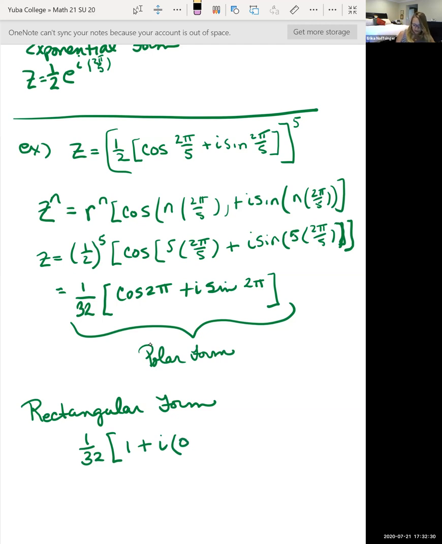Your y value is 0, so that's times 0. So this is equal to 1 over 32. Our imaginary part, there's no imaginary part in here.